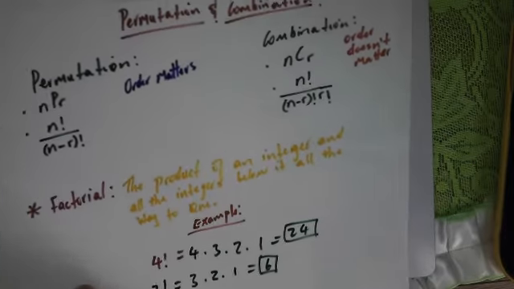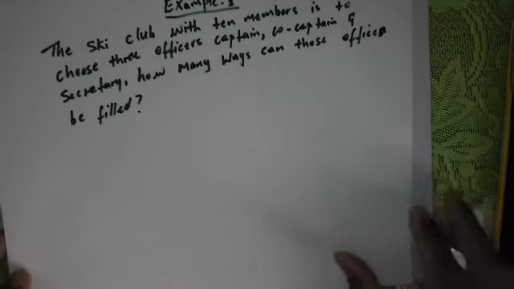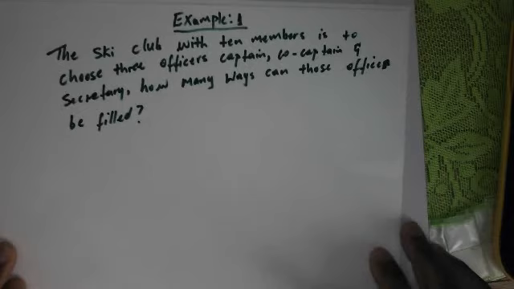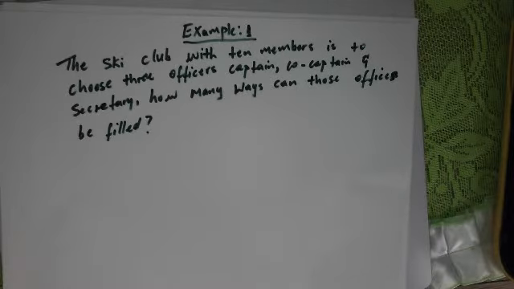Let's look at an example of how we differentiate between a permutation or a combination. Alright, as we said before, in a permutation, order matters. And when it says order matters, if you're talking about people, then once they have different roles, different job descriptions, different functions, then that would be a permutation, because then their job matters, their role matters.